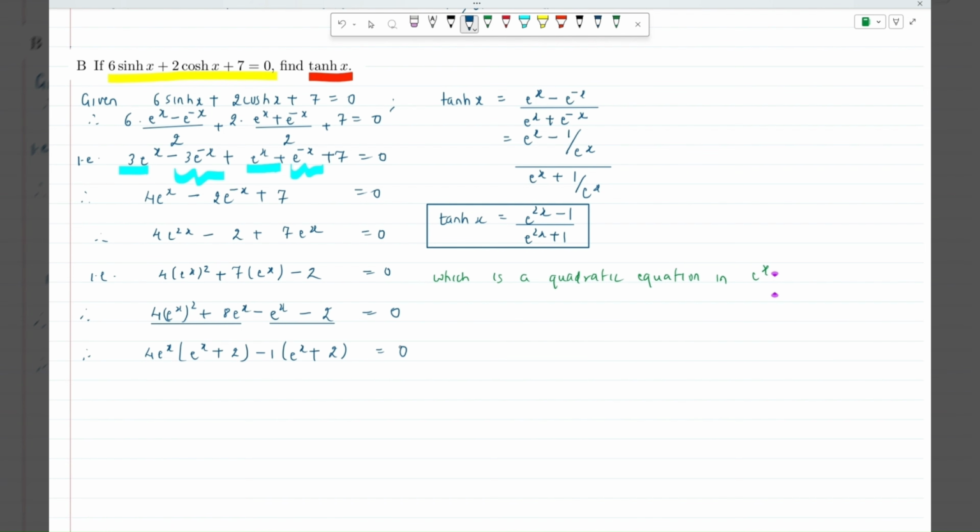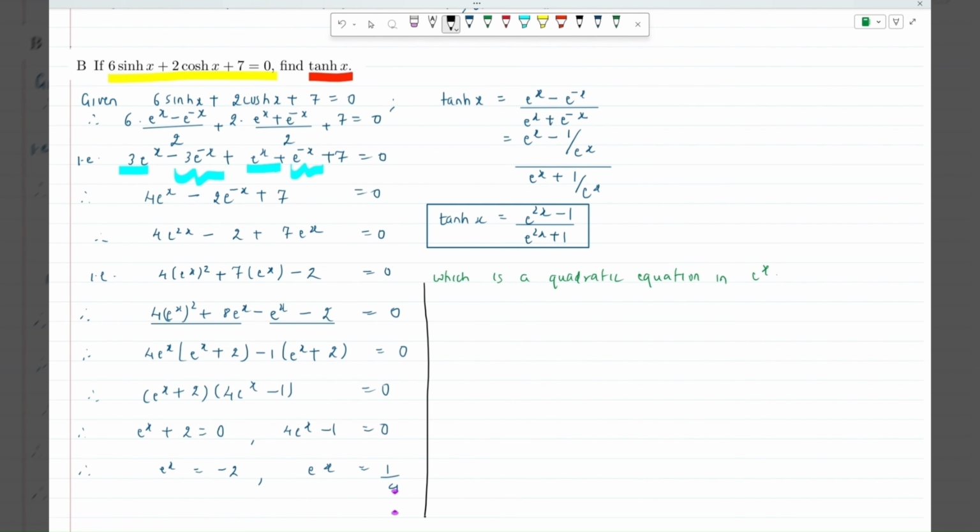And this gives us (e raised to x plus 2) into (4 e raised to x minus 1) is equal to 0. And thus we get e raised to x plus 2 equals 0 and 4 e raised to x minus 1 equals 0, which gives us e raised to x is equal to -2 and e raised to x is equal to 1 over 4. Now since you see that there are two values of e raised to x, we are going to get two values of the tanh function as well.